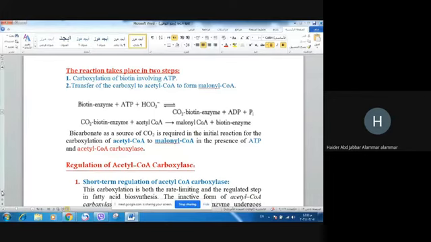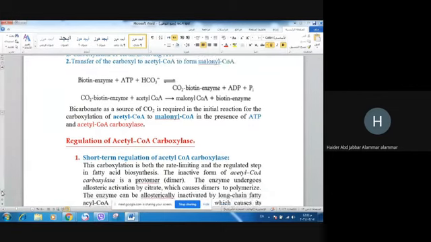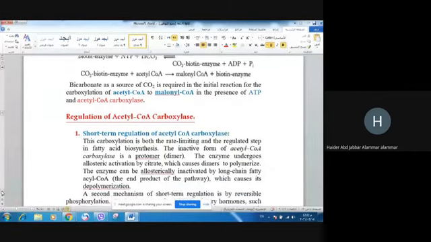The second step of this rate limiting reaction is the carboxylation of acetyl coenzyme A by carbon dioxide-biotin enzyme to form malonyl coenzyme A plus biotin enzyme. So the biotin is reused in other reactions. The bicarbonate is the source of carbon dioxide in these reactions. As I said, this is a rate limiting reaction.